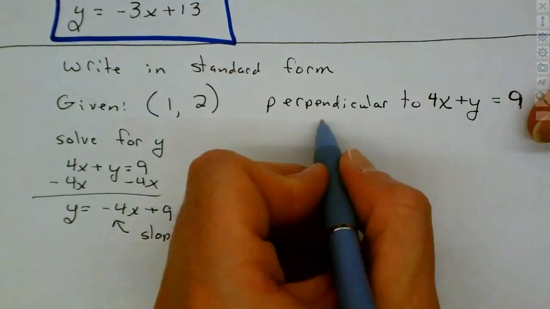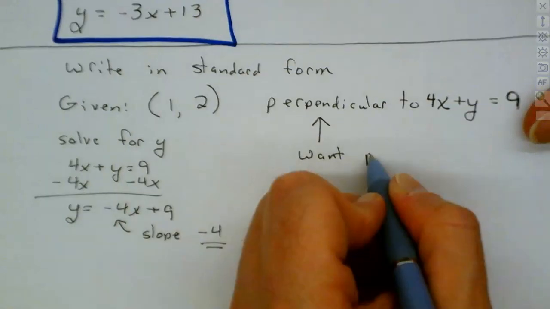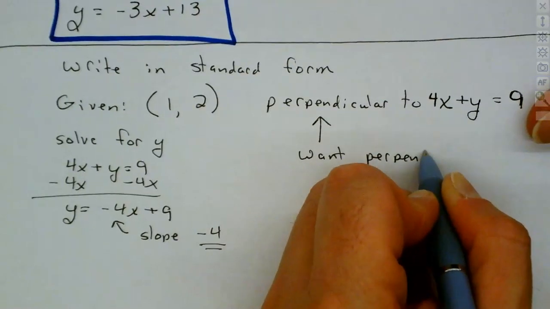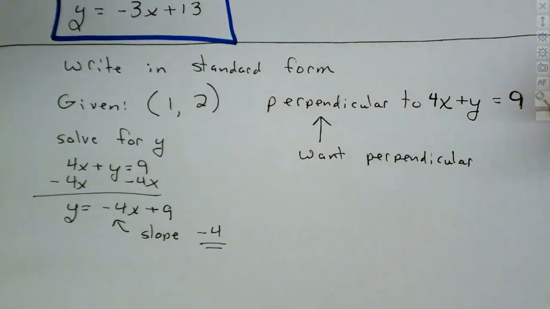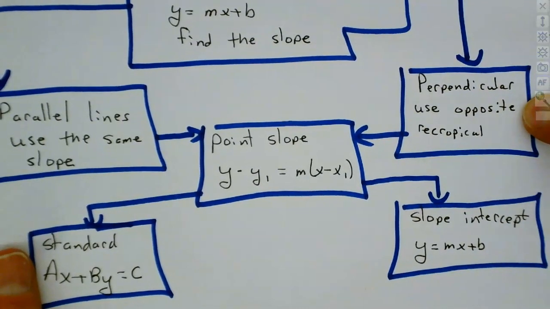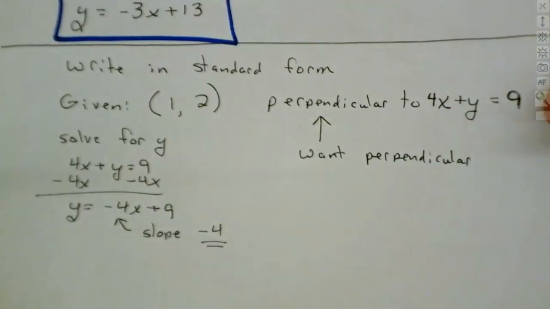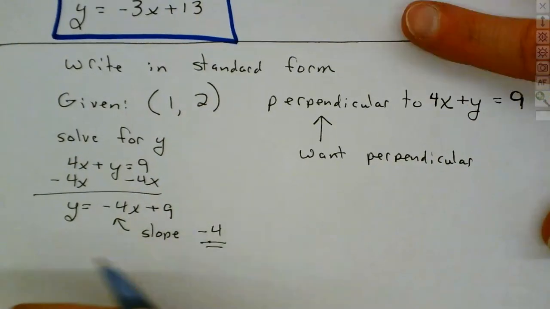We want the perpendicular. And what does it mean if we have a perpendicular line? That means we use the negative or the opposite reciprocal slope. So what is our slope right now? Our slope right now is a negative 4.